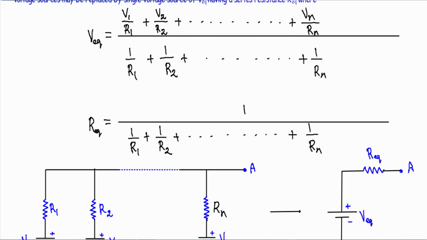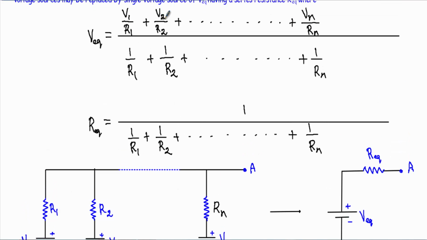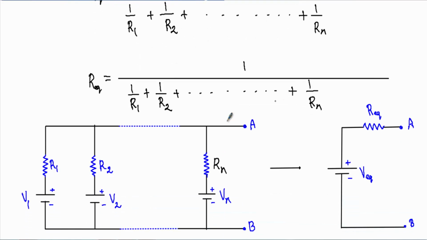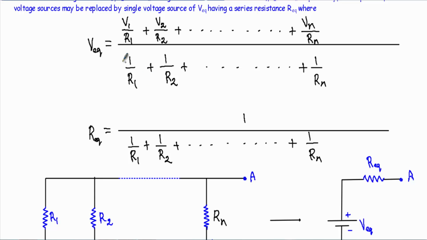V1 divided by R1 plus V2 divided by R2 up to plus Vn divided by Rn, and here I will take 1 by R1 plus 1 by R2 up to 1 by Rn.